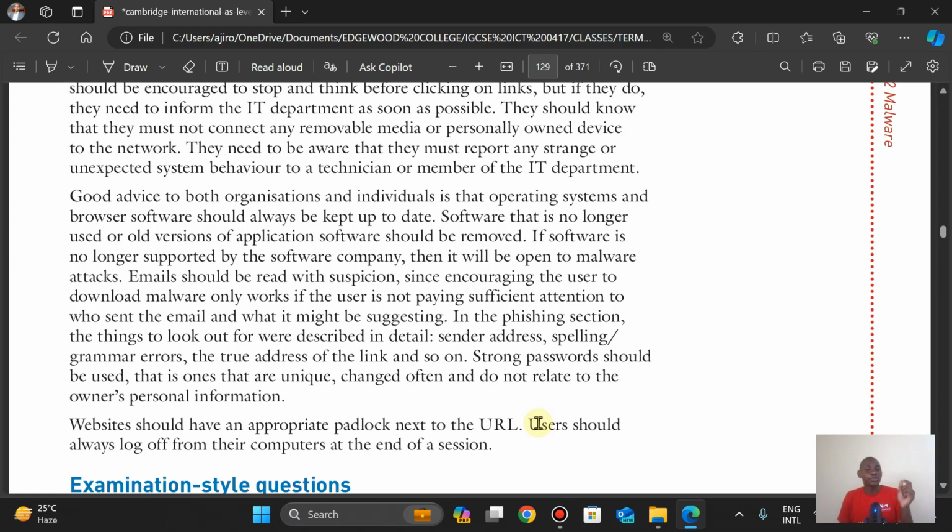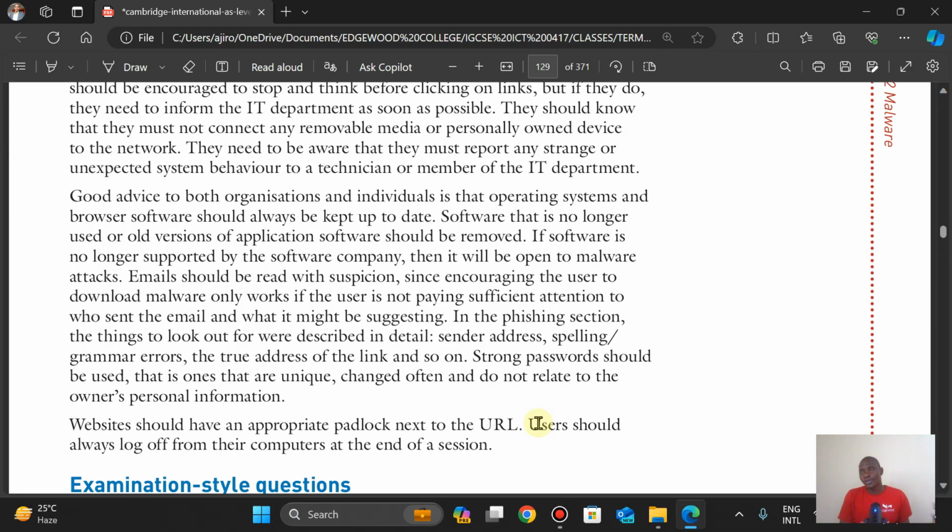Websites should have appropriate padlocks next to the URL. I've shown you right here in this class, and users should always log off from their computers at the end of the session. Students don't do this. I'm going to tell you a story before I go. One of my students back then used a public laptop to access a financial account and forgot to log off.